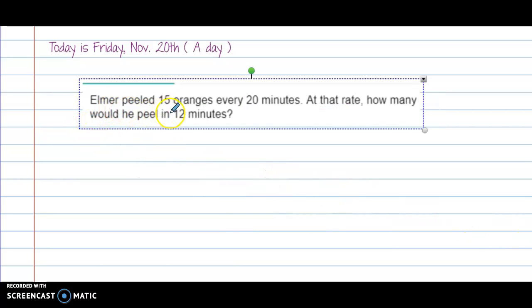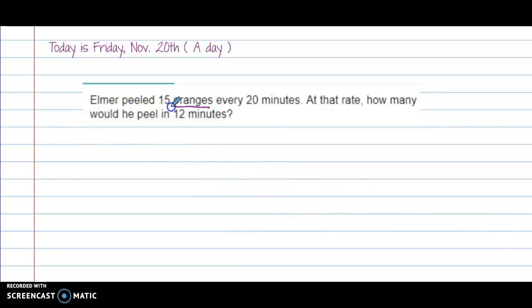Another example, Elmer peeled 15 oranges in 20 minutes. At that rate, so I know that there's a rate happening, so I can set up a proportion to solve. Oranges, I'm going to start with writing it out in words first. Oranges to minutes. Oopsies.